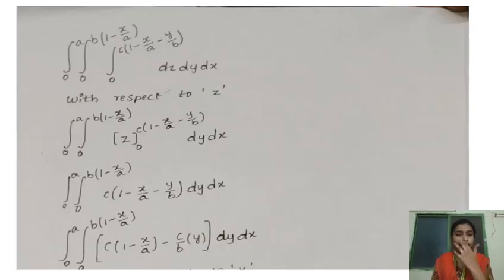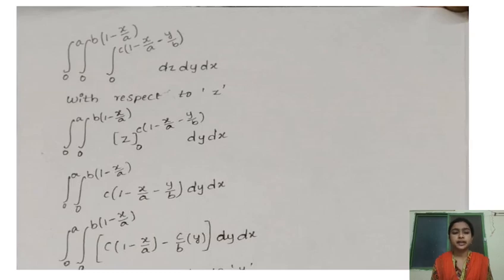Solution. Integration 0 to a, integration 0 to b into 1 minus x by a, integration 0 to c into 1 minus x by a minus y by b, dz dy dx. We integrate with respect to z.